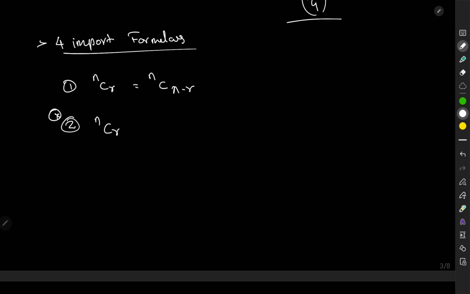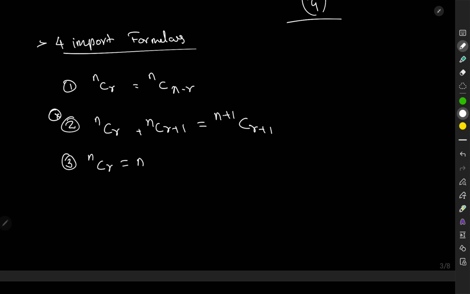You will get n+1 C r+1. Fine. This is a very important equation, remember it. Let's go for the third equation, which is nCr.